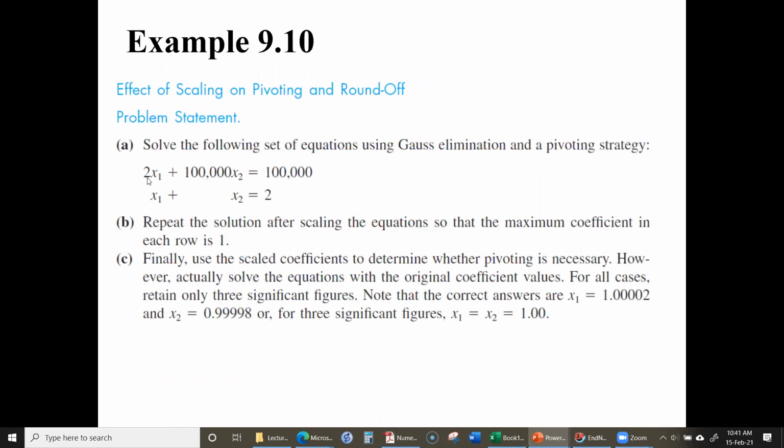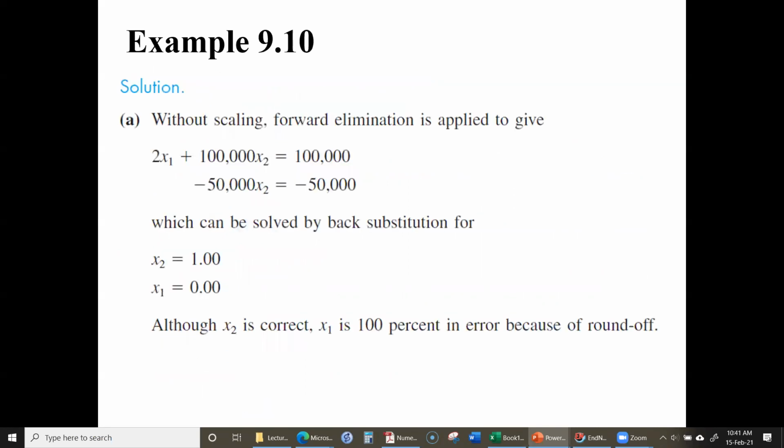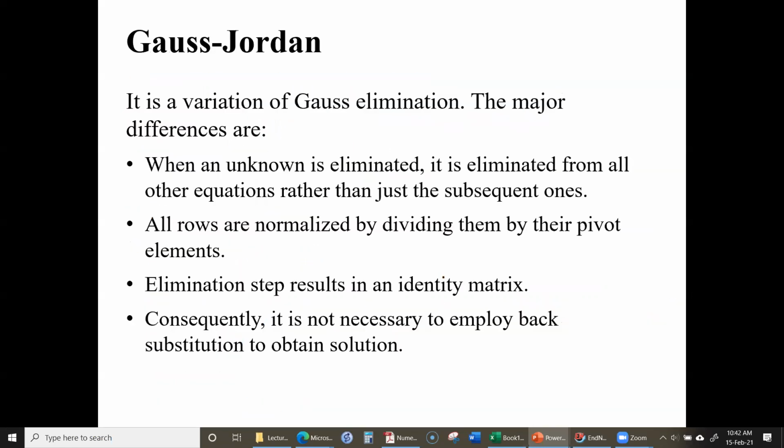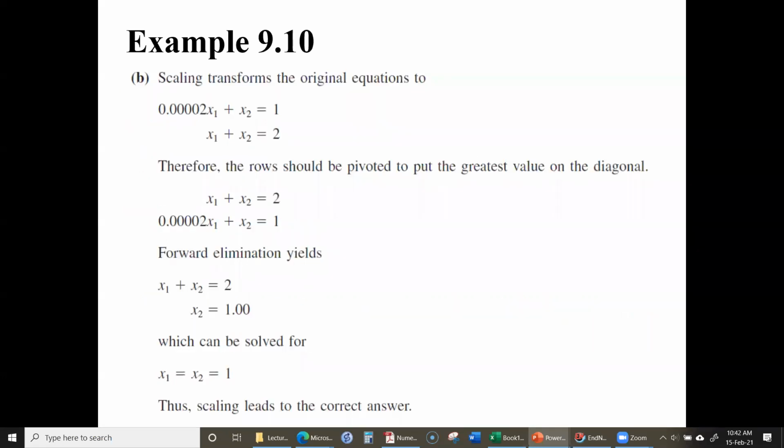Okay, so for scaling, we will divide by 2x1 plus 100,000 x2 is equal to 100,000. Here it will be 0.00002. So that means we are dividing by 100,000. So the first equation we will divide by 100,000 and then it will become like this.